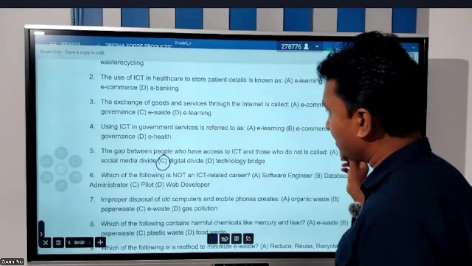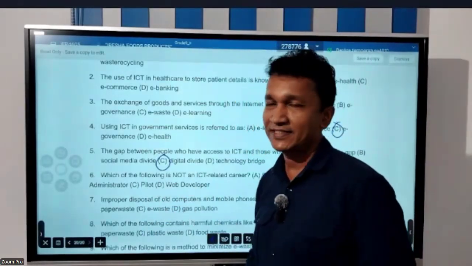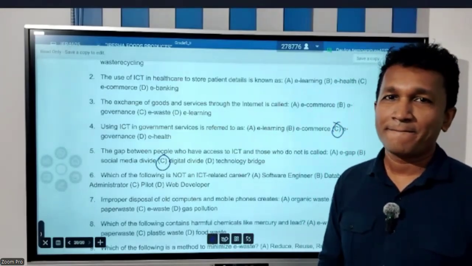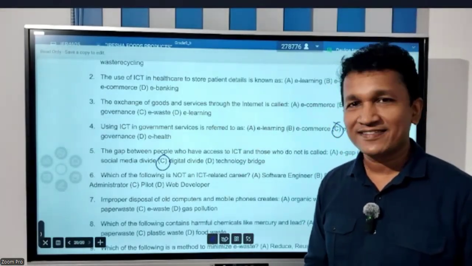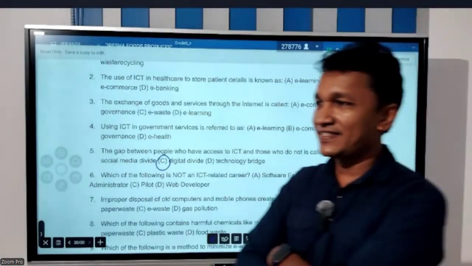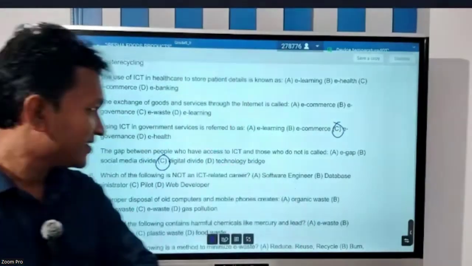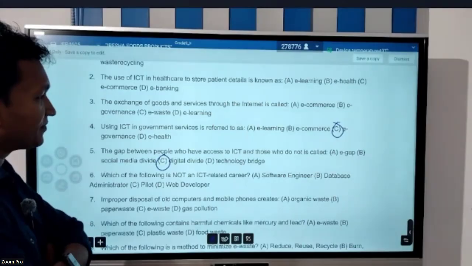Software engineer, database administrator, pilot, web developer. What is last? From these, what is not an ICT related career?